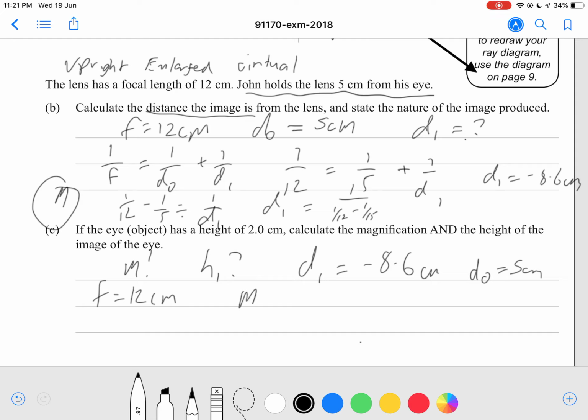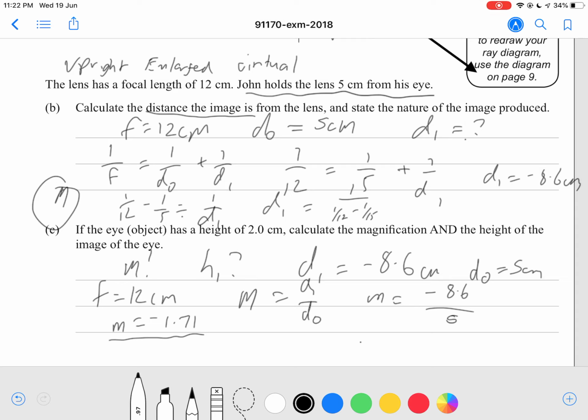We're going to say our magnification equals di over do. Magnification equals negative 8.6 divided by 5, so our magnification comes out to be negative 1.71. That's our magnification. Now we're going to calculate the height of the image.